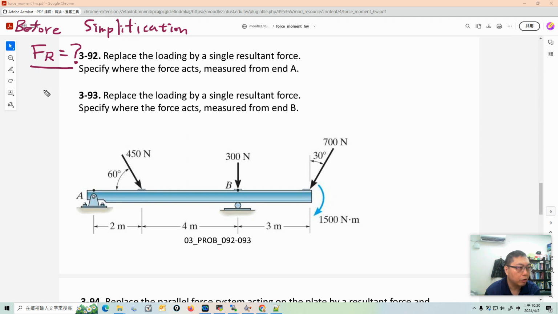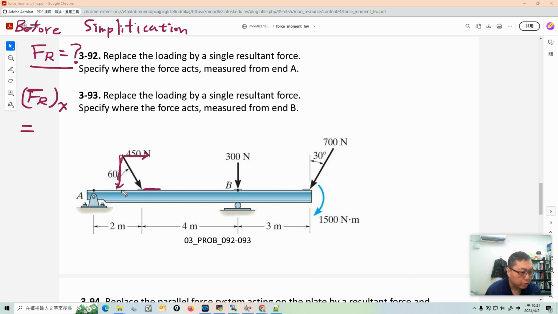So the resultant force X component equals what? Let's look at this. We have an X component from this 450 Newton force, which acts at this point. We can decompose this force in the X direction and Y direction using vector decomposition.